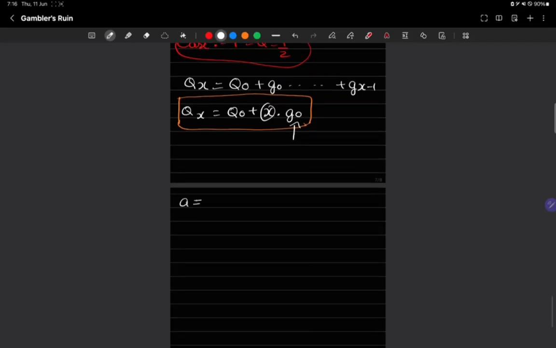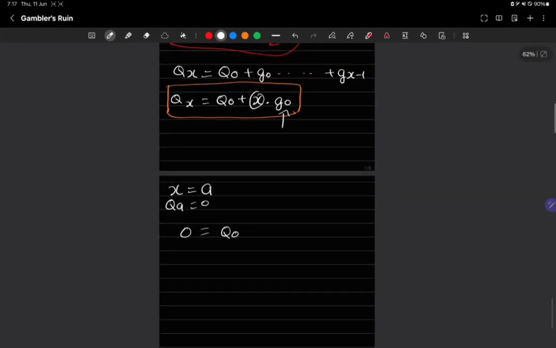So we will use the same trick. We will put x is equal to a, that will give us Qa, and then Qa is 0. So the left hand side becomes 0.